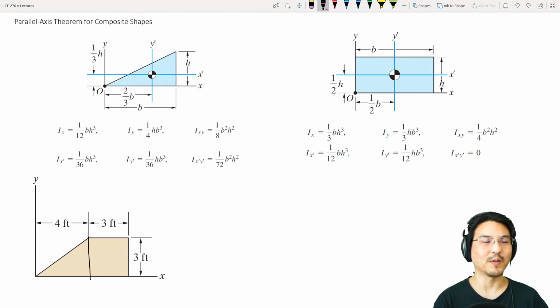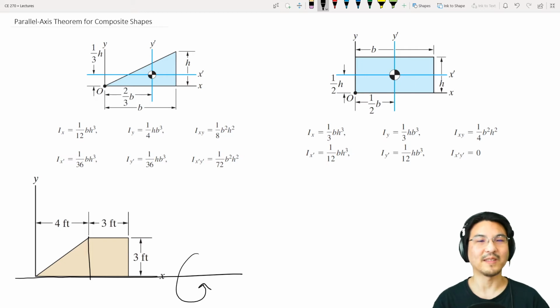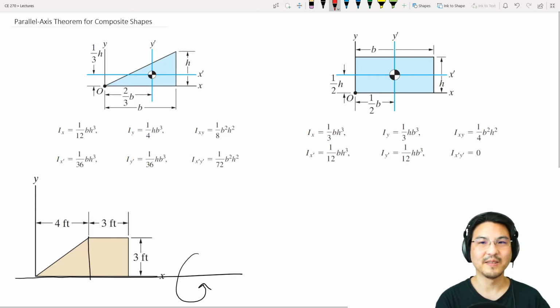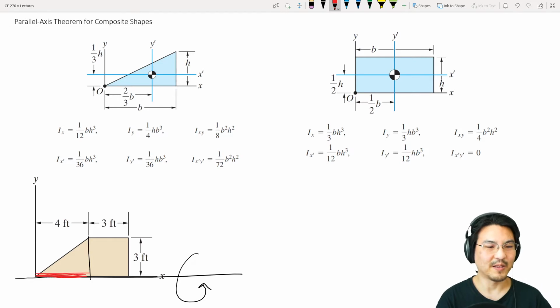Let's say we want to solve for the moment of inertia about the x-axis. So that means rotate this composite shape about this x-axis. So if you rotate the triangle about the x-axis, that is, for the triangle, here.